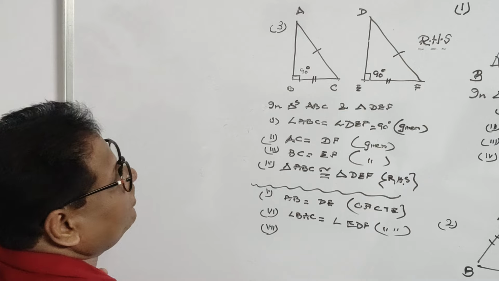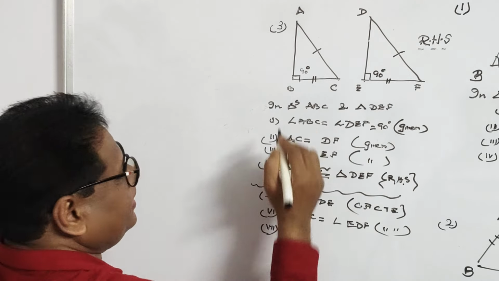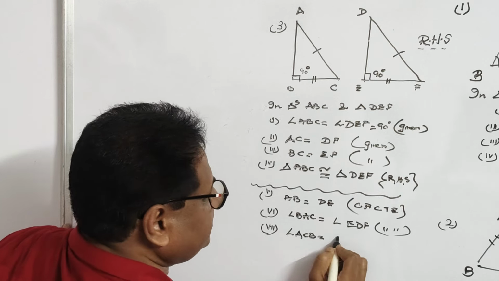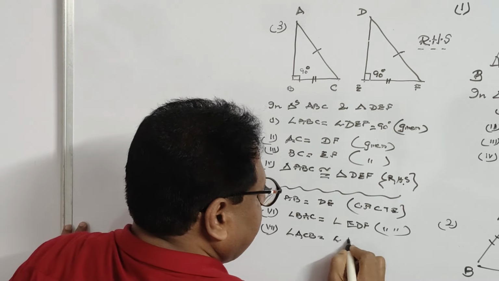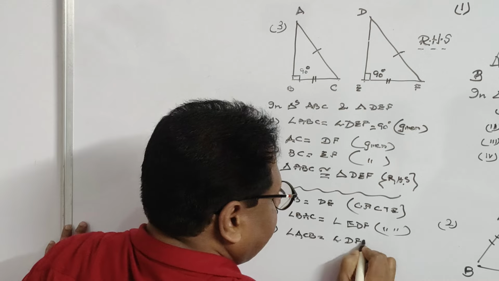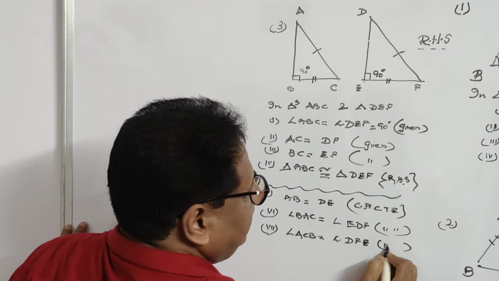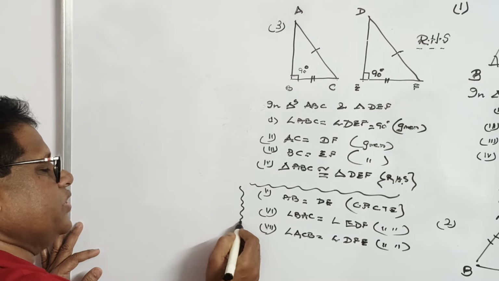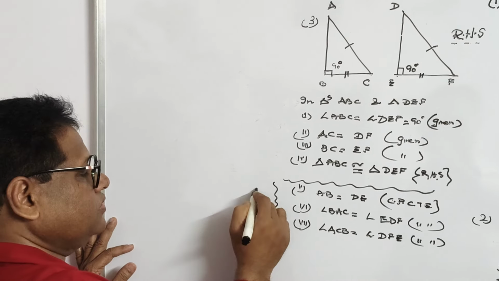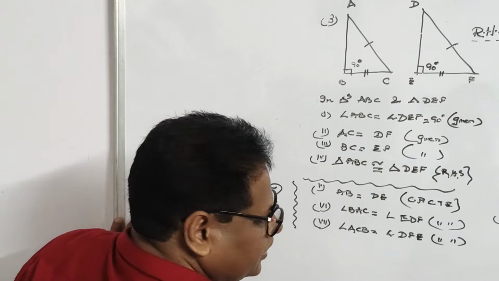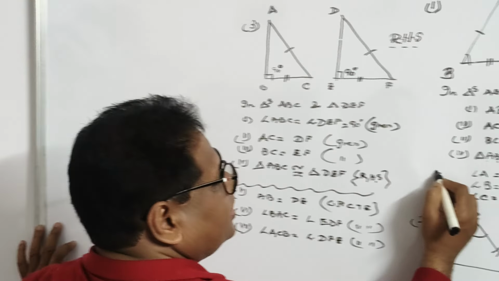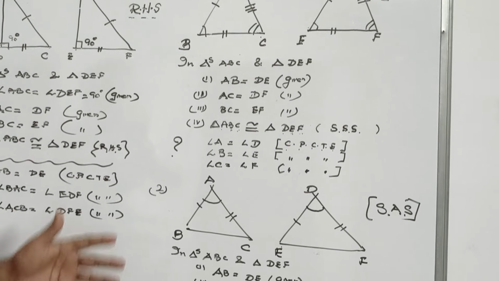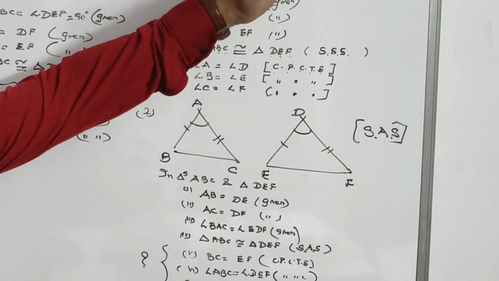Now we are left with one more angle, angle C. That means angle ACB equals angle DFE, by CPCT. So these are the possible questions that could be asked. This is the question mark. But for all this, first you prove the congruency between these two triangles.